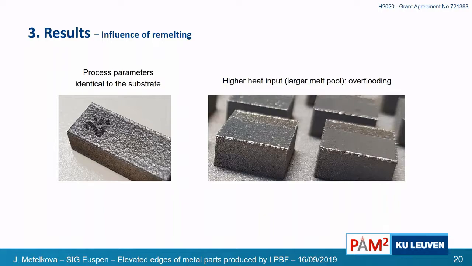But in case you have much higher heat input, you can see that actually the melt pool can lead to a much larger melt pool, so that it can even overflood outside the part. So this is definitely not something that you want. So you have to account for this, and you have to change your process parameter or the offsets so that you avoid this. So this is not the case I was showing you, but it can happen.